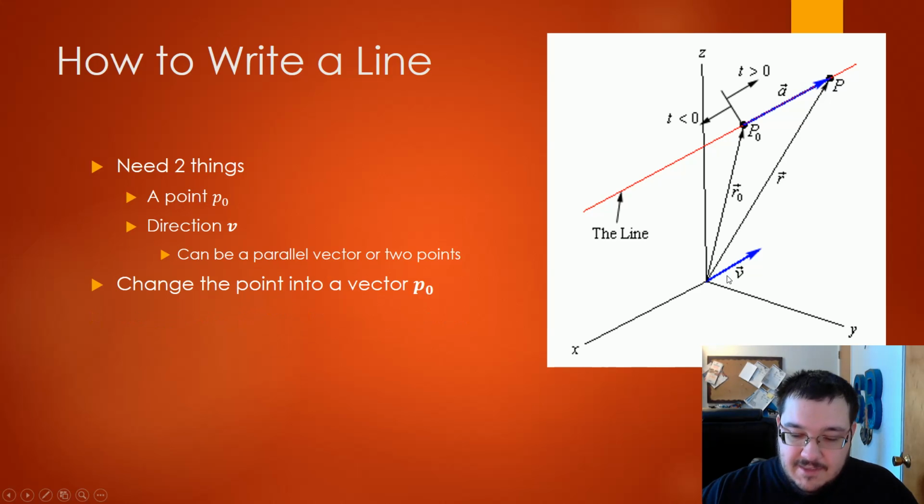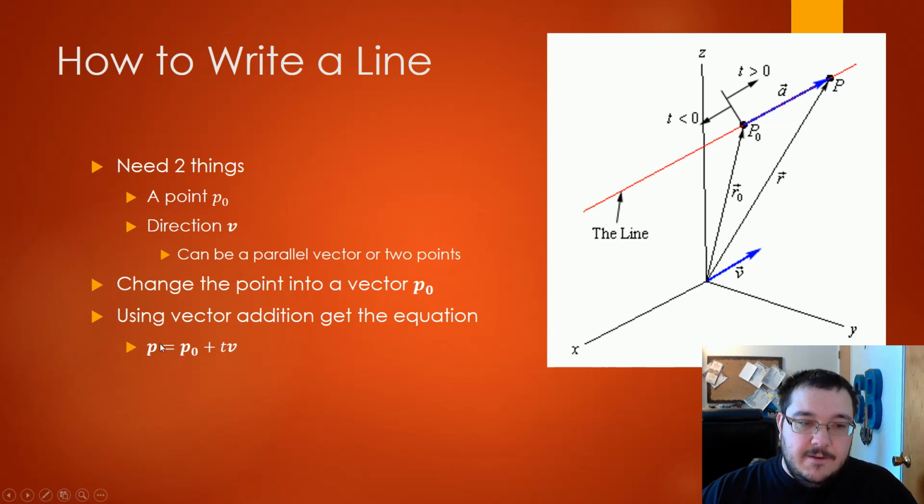So that ends up giving us the equation of any vector, essentially, is our point on the line plus some arbitrary t value times our parallel vector. And this is going to give us a vector equation for any point on our line.